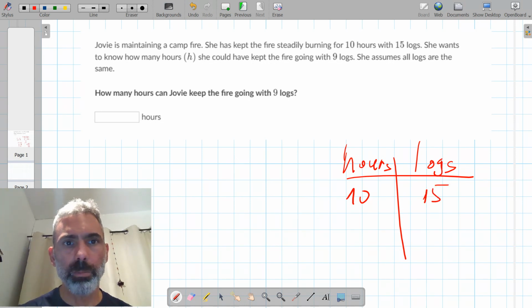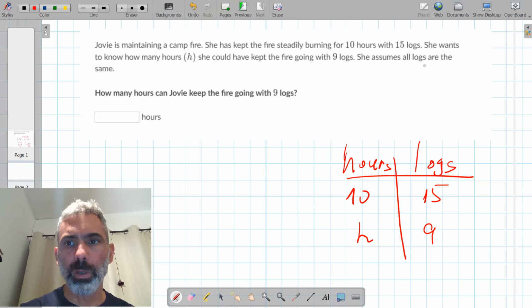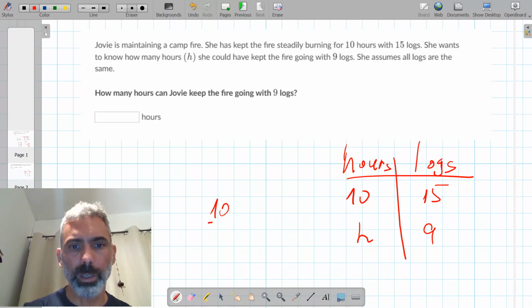She wants to know how many hours, H, she could have kept the fire going with 9 logs. Okay. So she assumes all logs are the same. The relationship between 10 and 15 is the same as H, the unknown amount of hours, to 9 logs.